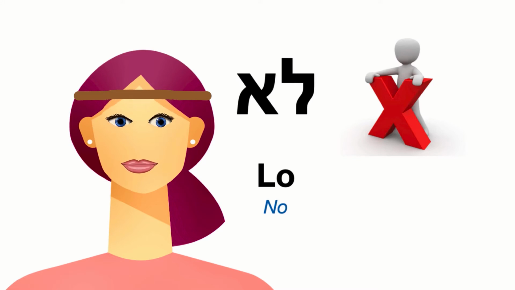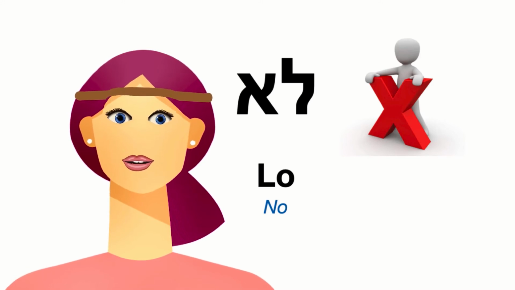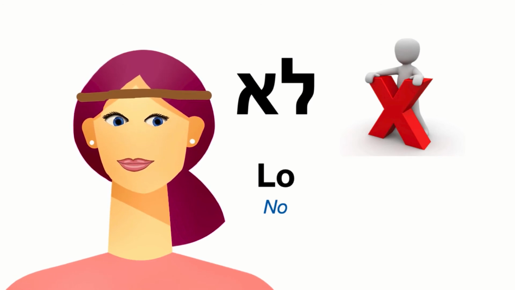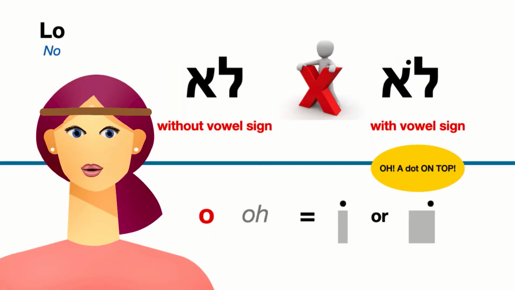Lo is the Hebrew word for no. Lo is formed by lamed and aleph.